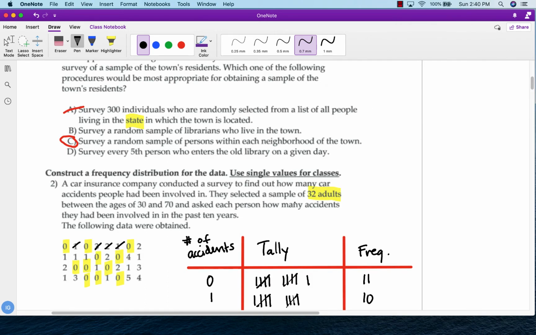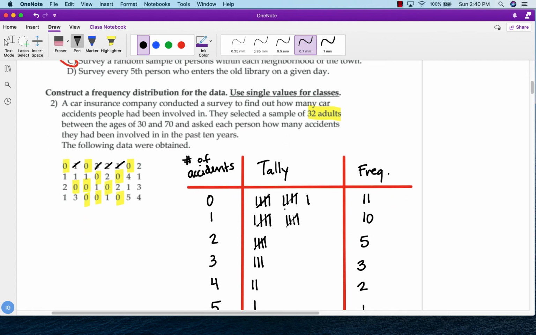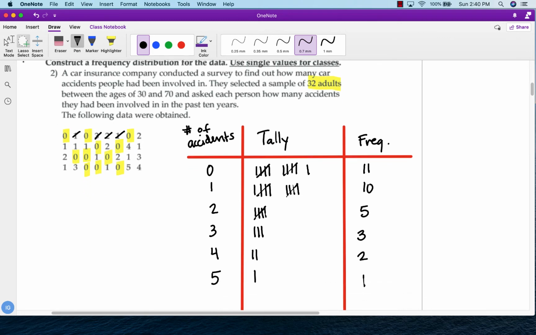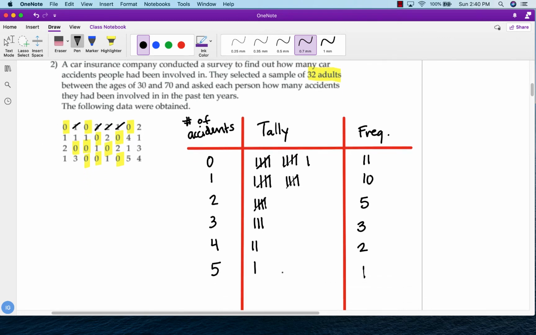Okay, so here I have the total numbers for each of the accidents, the total frequency basically. So I tally each one. I went in order, I tally how many of each one, and then here I basically add up the number that I have for each one.